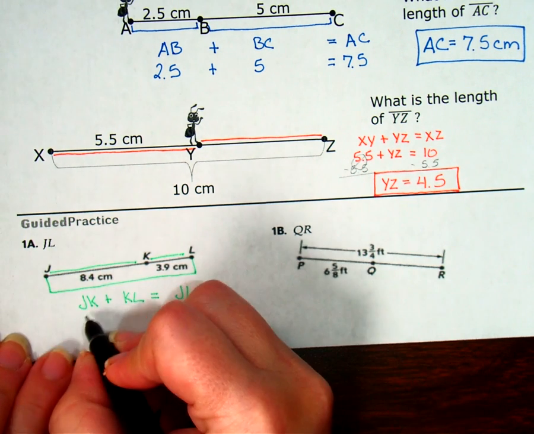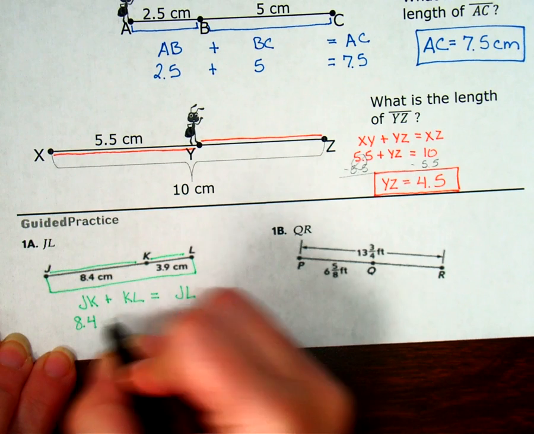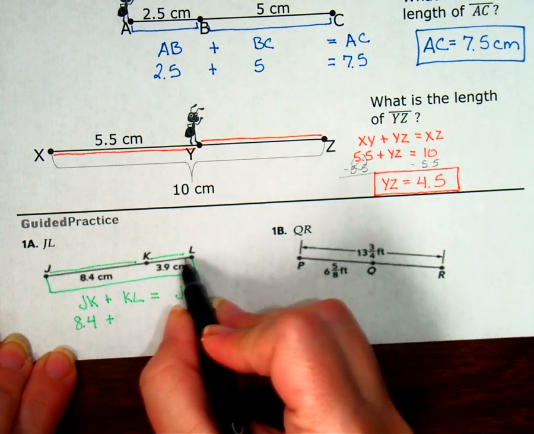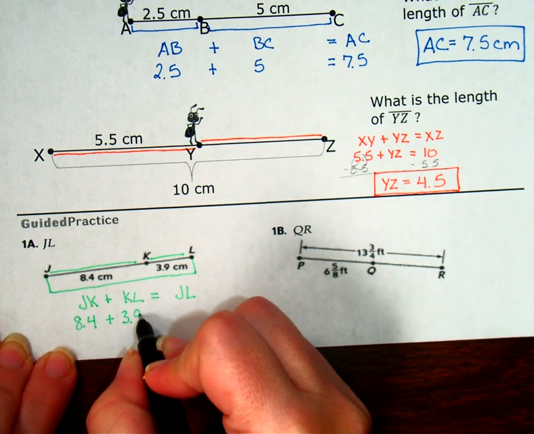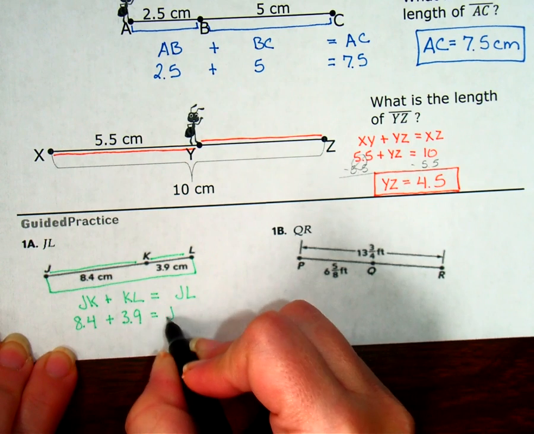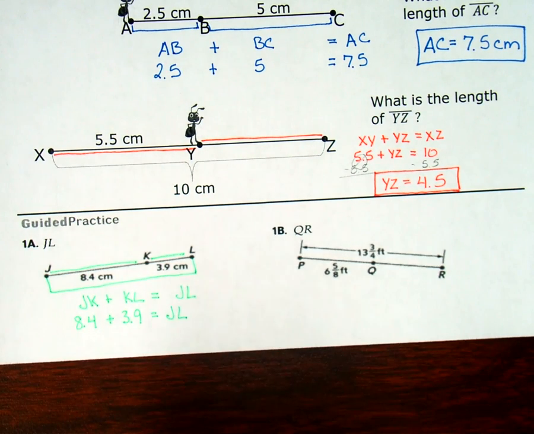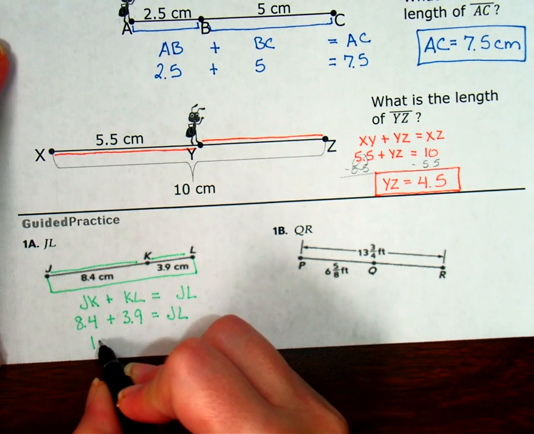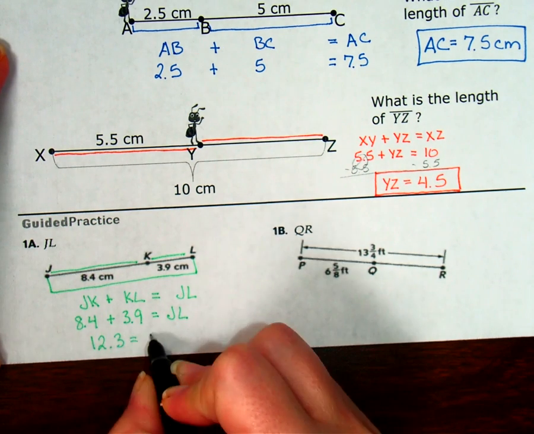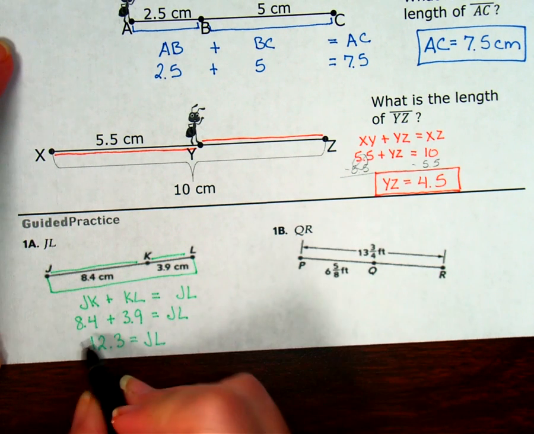J to K is 8.4. K to L is 3.9. And I'm trying to find the whole thing, JL. So I just have to add those two together and get 12.3 equals JL. And we can leave it just like this.